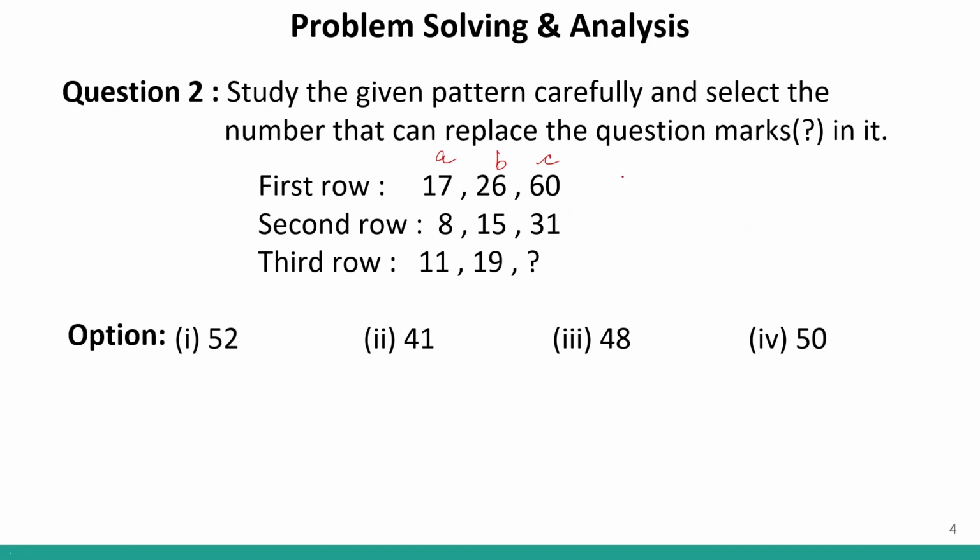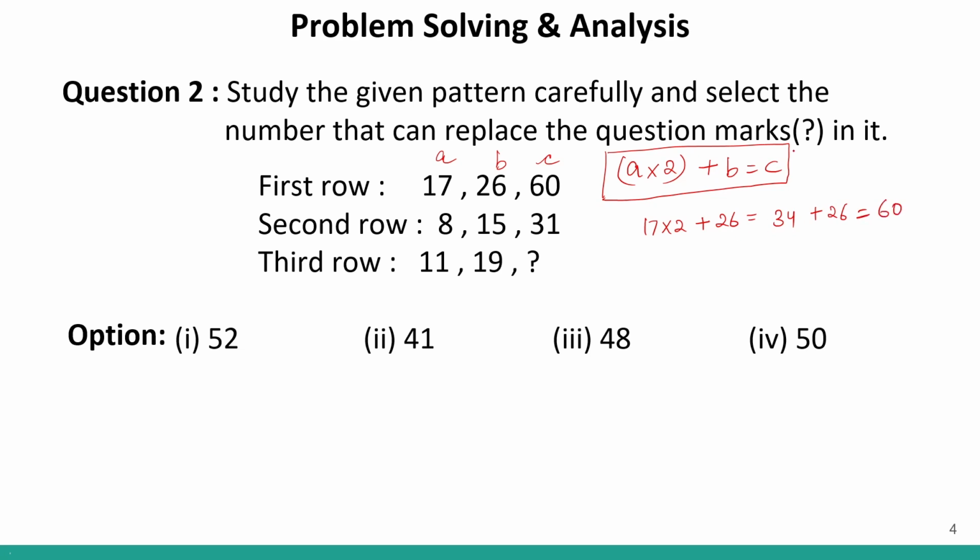So if I write A into 2 plus B is giving me C, I am interpreting that this is the logic. Now let us check. 17 into 2 plus 26. 17 into 2 is how much? 34 plus 26. So this will be equal to 60.